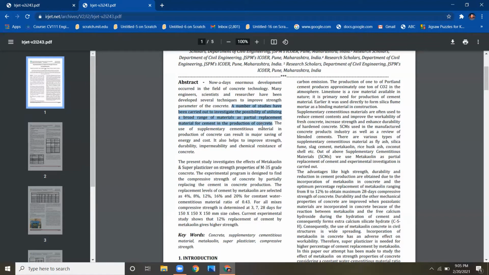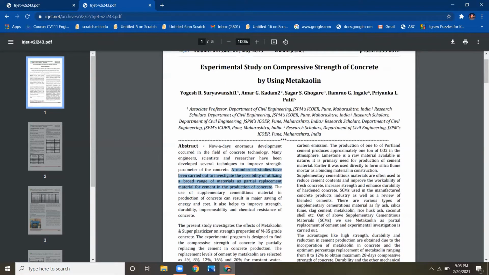In this research paper, in this investigation, they first prepared the concrete mix, producing conventional concrete. Next, they added a partial replacement of a different material, and from the topic you can get an idea that they used metakaolin as a partial replacement.